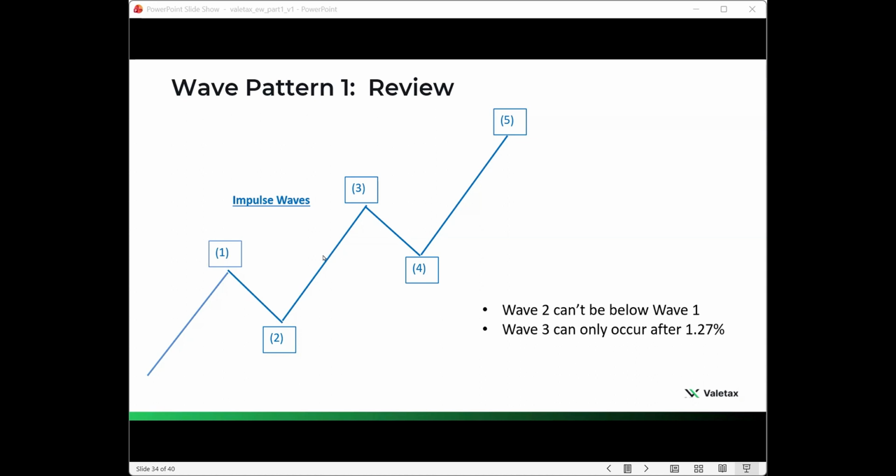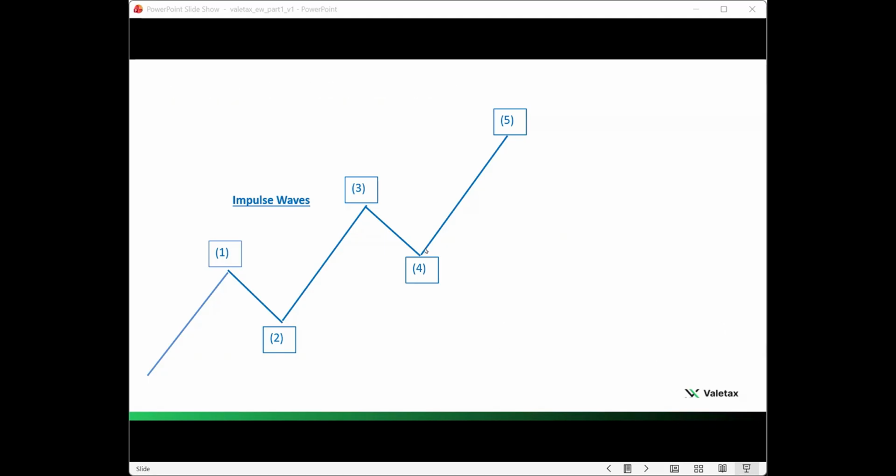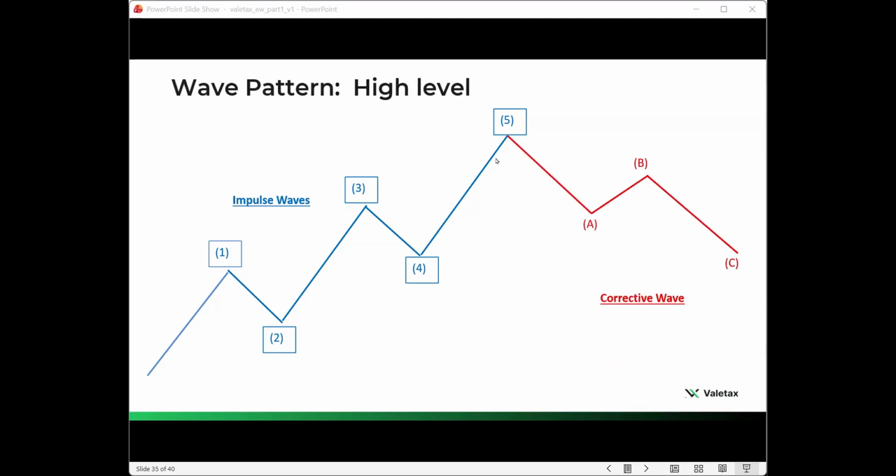When you break the 127%, now you know this is the institutional wave. So this wave pattern here broke the 127% and keeps on going, and that tells you it's an institutional wave. Okay, and then wave four, as we talked about, has to stop at 50% or 61.8% here, and then here, that pretty much completes the wave pattern here.